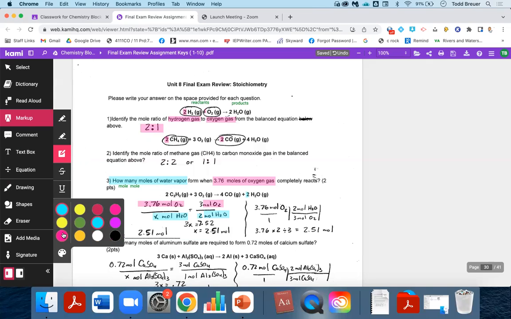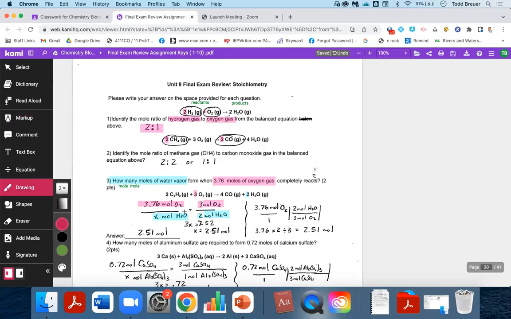For O2, there's a 3, so we put a 3 on the top. Then we cross multiply to turn it into an equation: X times 3 equals 2 times 3.76. We get 3X equals 7.52. Divide each side by 3, and it would require 2.51 moles, so they're related by mole ratio.